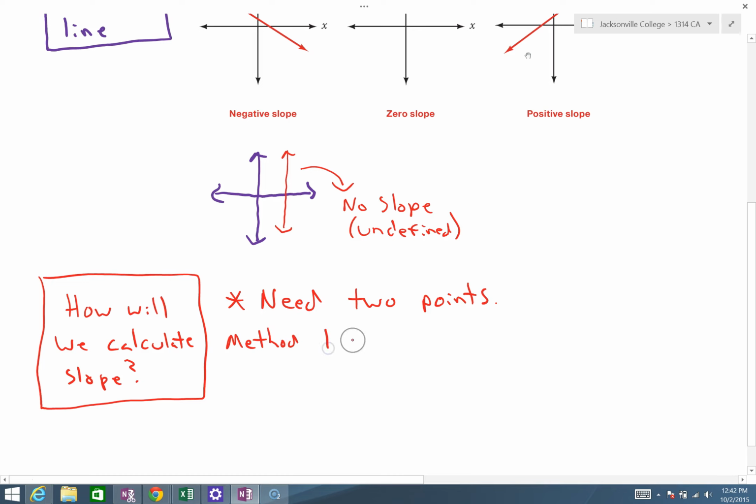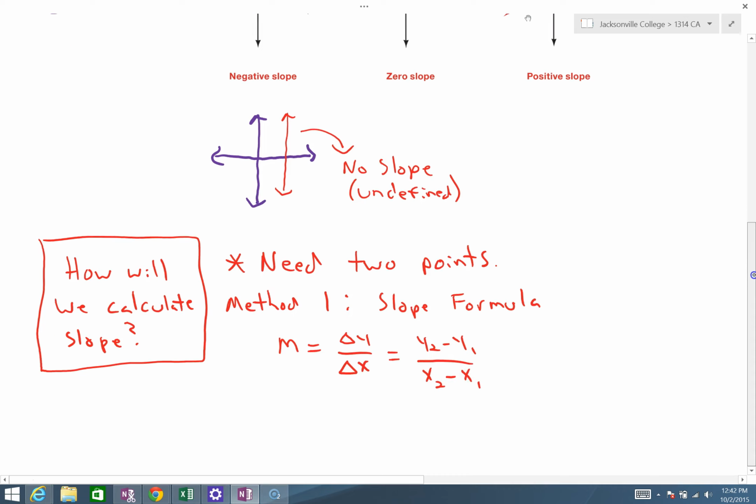Method 1, slope formula, and that's what we just saw. The slope formula will be m equals change in y divided by change in x, and that is y2 minus y1 divided by x2 minus x1. That is method number 1.